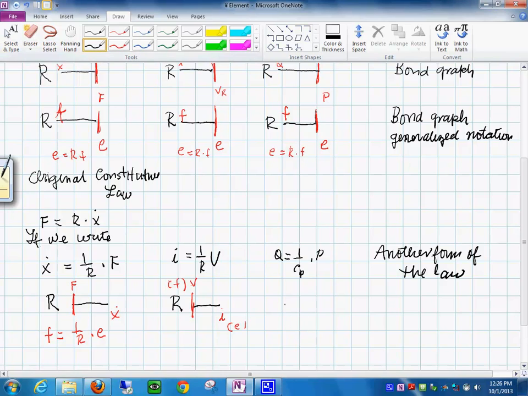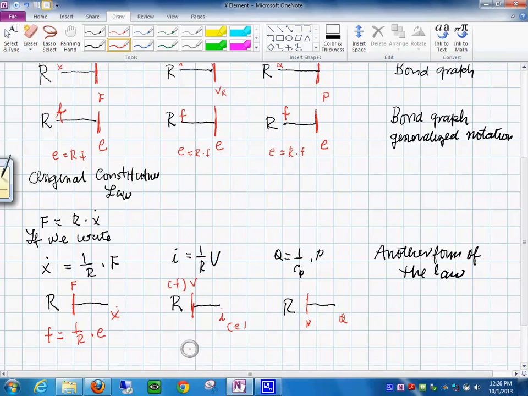I think by now you know exactly what I'm trying to do. We are writing the R element in different ways. So in here the output of this would be Q, and of course the input on this is going to be P.